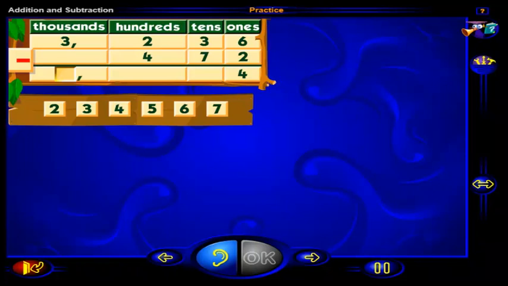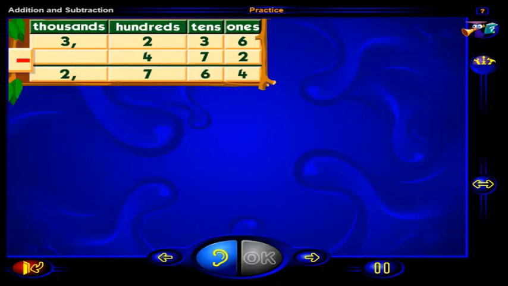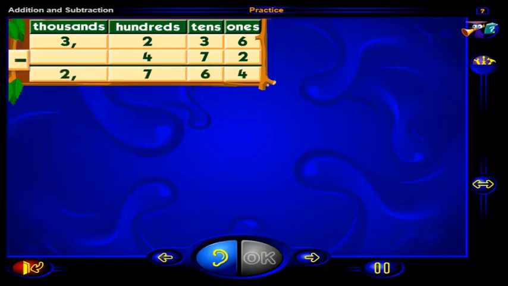Drag numbers here, here, and here, then click OK. That's right. The completed subtraction looks like this.